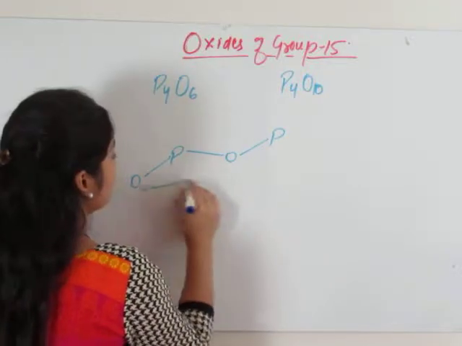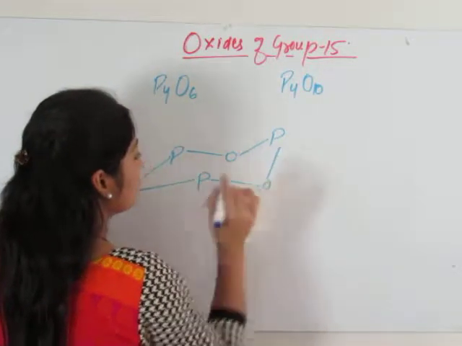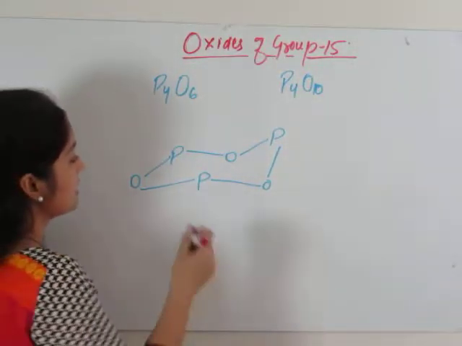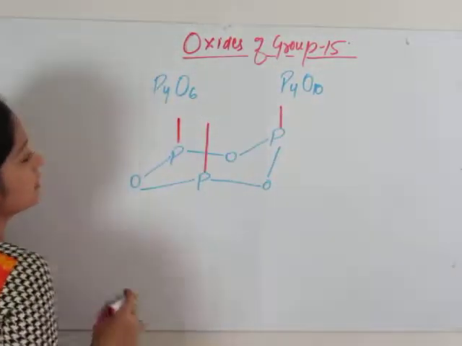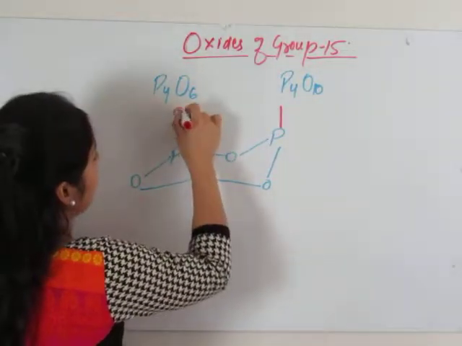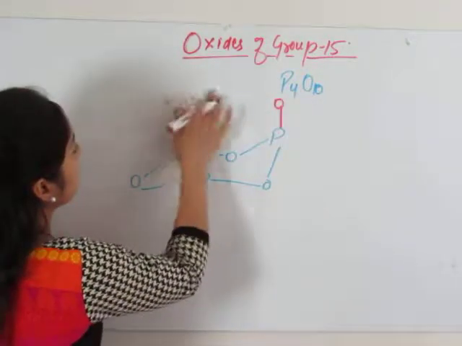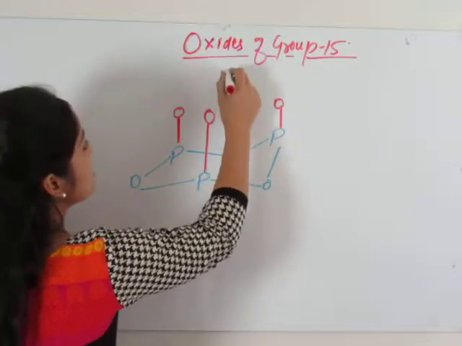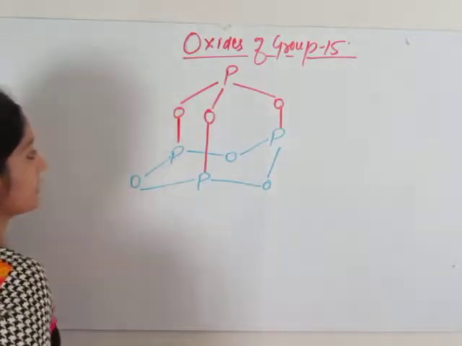There is a chair conformation like this. Now over these three phosphorus atoms there are oxygens. And these three oxygens are connected with the phosphorus atom.